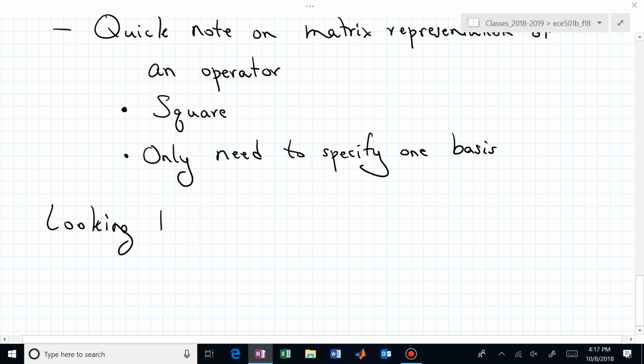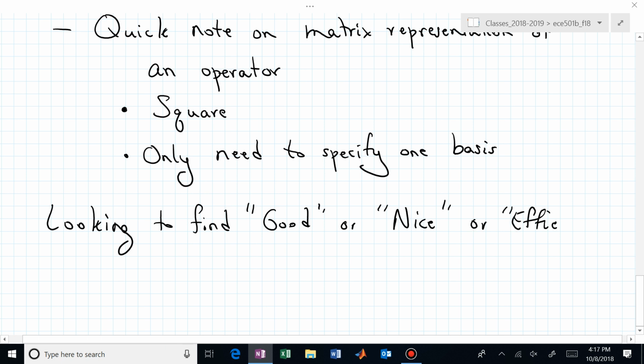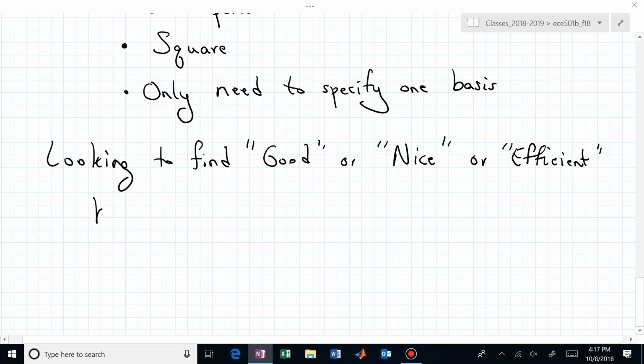So we're looking to find a good or nice or efficient basis for the system.